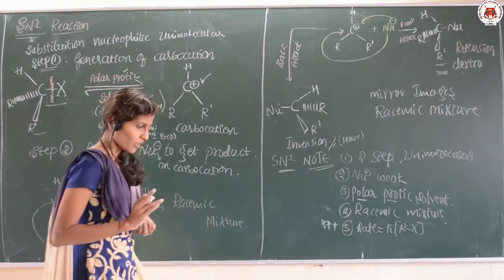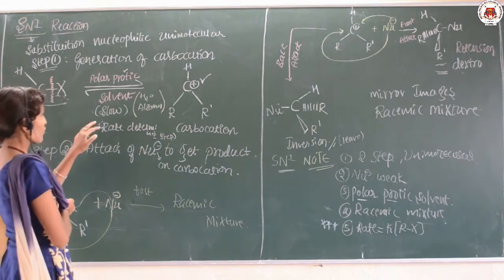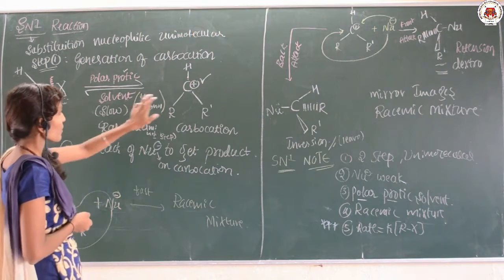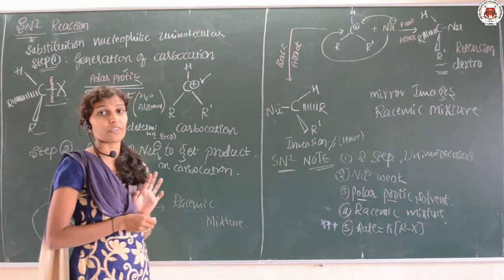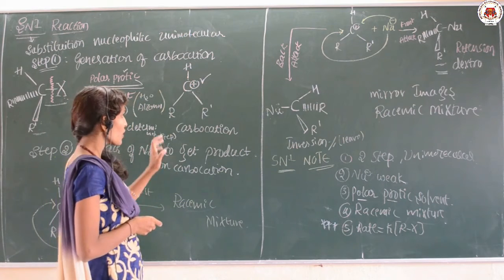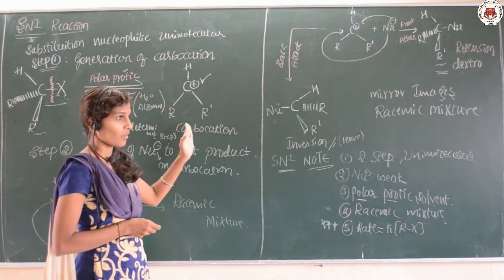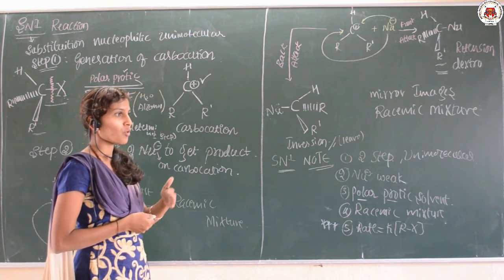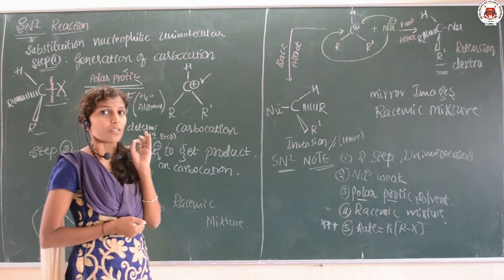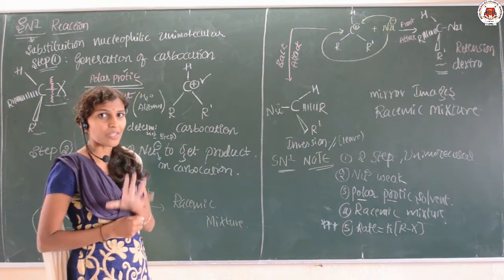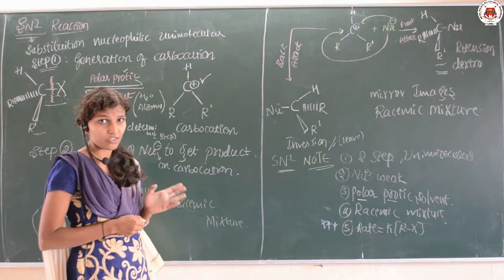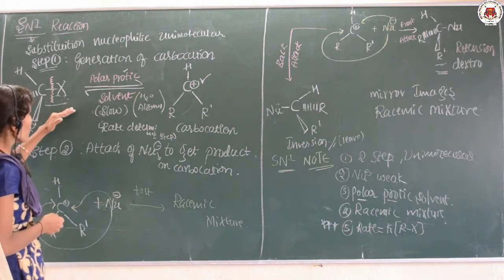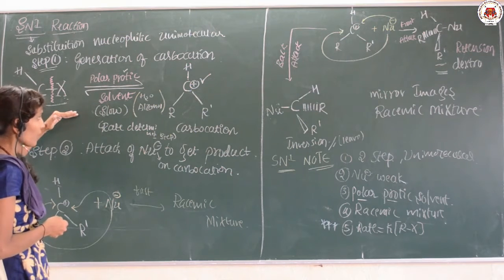Why, I will tell you. The rate depends upon the slowest step, as I told you. In the first step there is generation of the carbocation, and the rate depends only upon this. According to chemical kinetics, when a reaction is carried out in two or more steps, the slowest step is the rate determining step. So, the rate depends only upon RX, because there is no nucleophile in the first step.